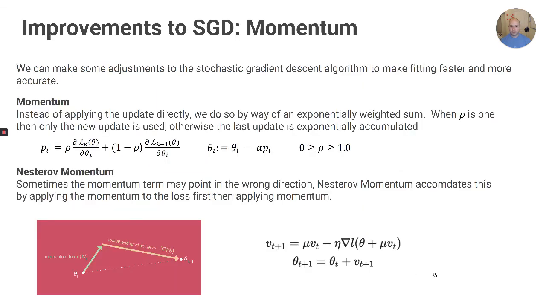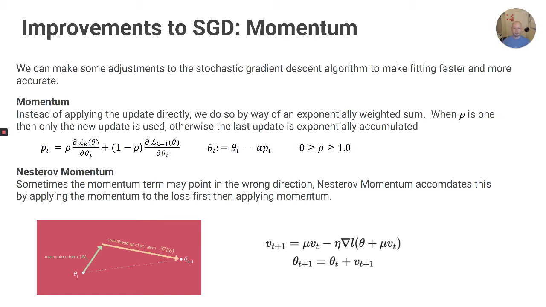Cool. So this is the part where I tell you a little bit about different things that you can do with stochastic gradient descent that improve your algorithm. If you're familiar with stochastic gradient descent, you might already know about some of these techniques. But this is a way to have your algorithm converge faster.